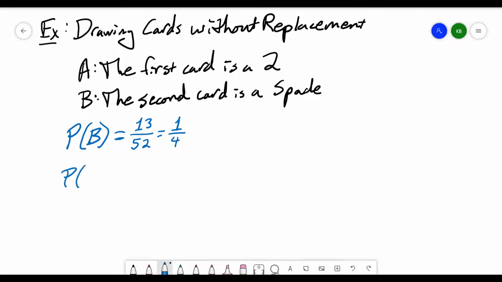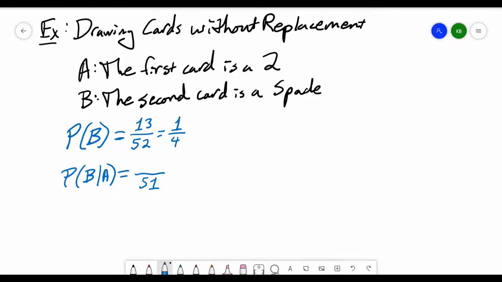Now, if I think about the probability of B given that A happened, so now when I drew a card from the deck and it was a 2 and I didn't replace it, my deck now has 51 cards in it instead of 52.